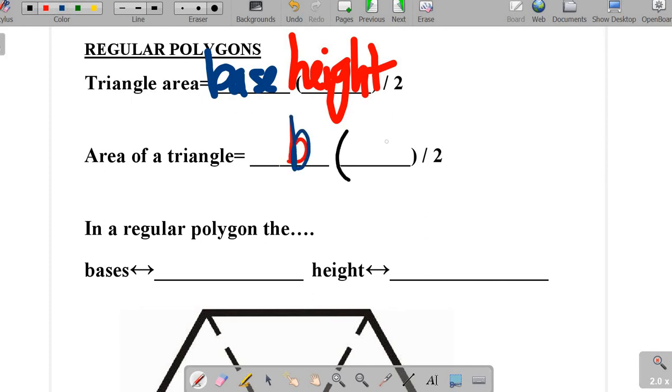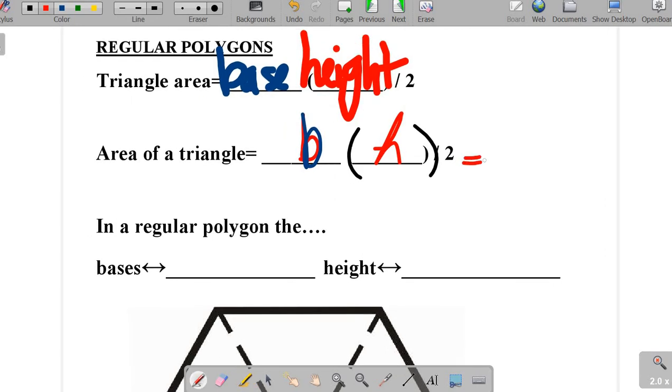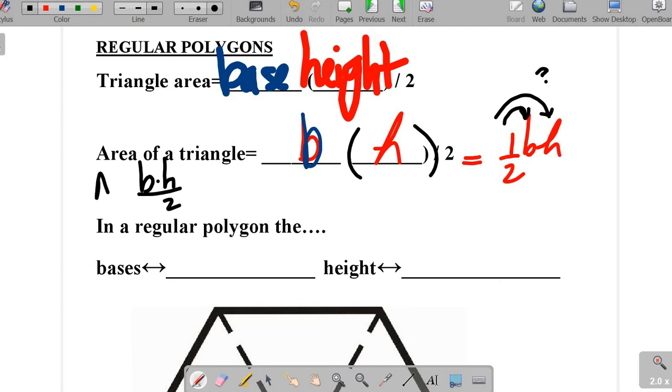Base times height, get it down to the variables, over 2. Or 1/2 base times height. Textbooks are going to write it like that. You're welcome to write it like that, but a lot of students get confused. Is it half of the base? Is it half of the height? Which one is it? That's where students get confused. That's why I don't like to use that equation, because it really doesn't matter which one's half. So base times height over 2, I believe, is less confusing.